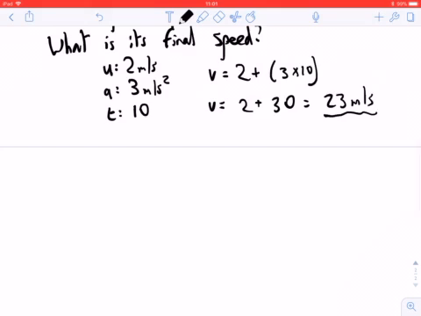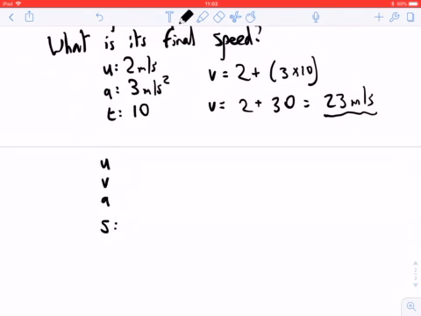Now sometimes we have to solve problems where we don't know the time involved. We just know the initial velocity u, the final velocity v, and the acceleration and the distance travelled. Now oddly enough, and this is I'm afraid rather confusing, we use s in this equation.